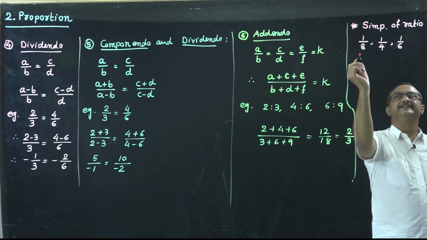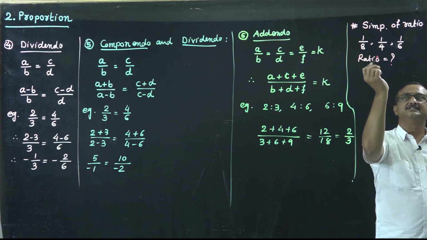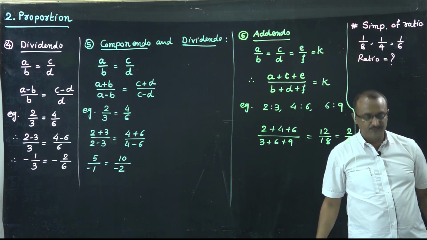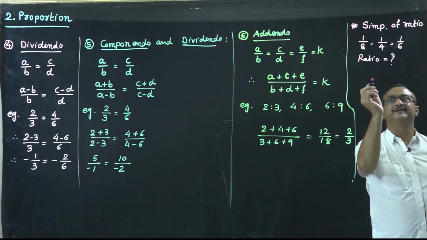We have to find a ratio between these 3 terms. So what we have to do here, first of all find the LCM of 8, 4 and 6.